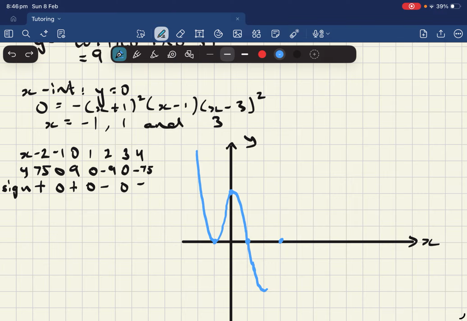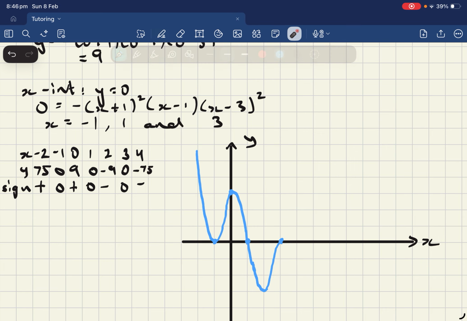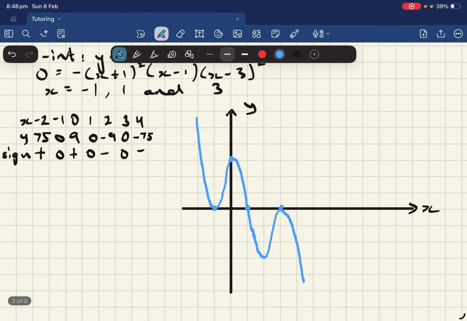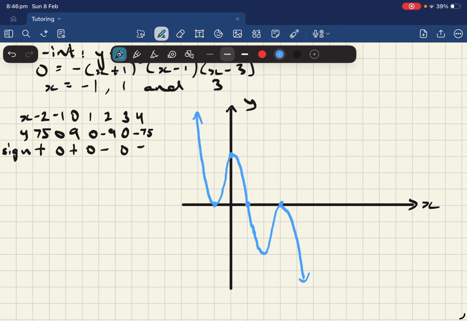Let's try that again. But now the sign at 4, so over here, it's going to be negative again. So this once again touches and goes back down. So my function looks something like this. Now, if I just write in all these points, so we have negative 1, we have positive 9, positive 1, positive 3.